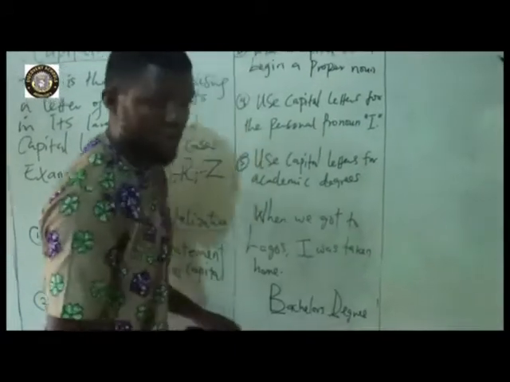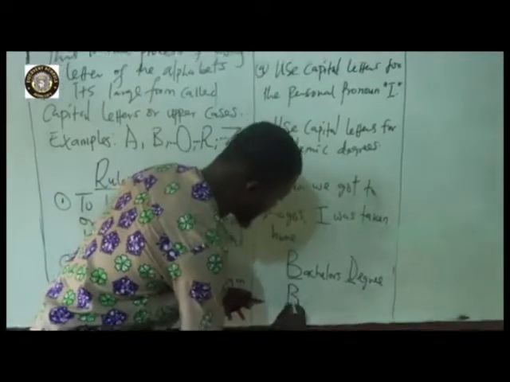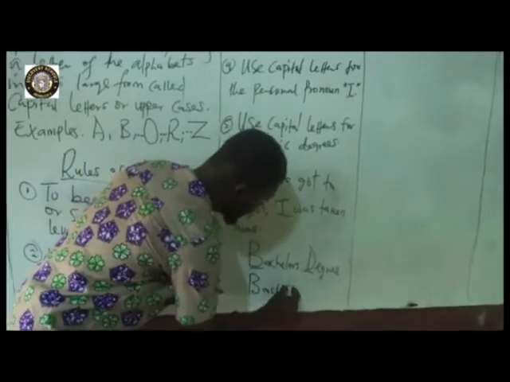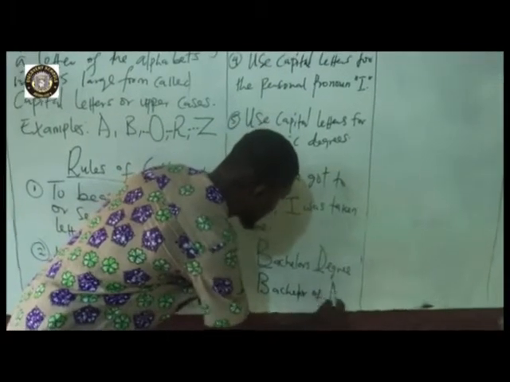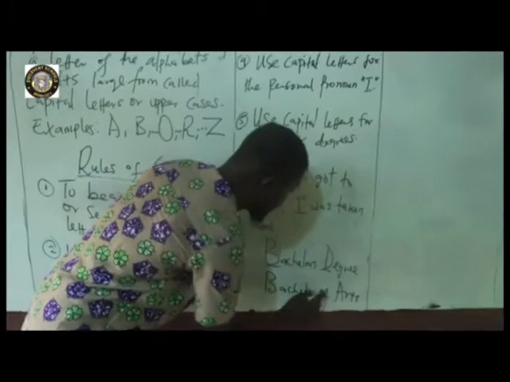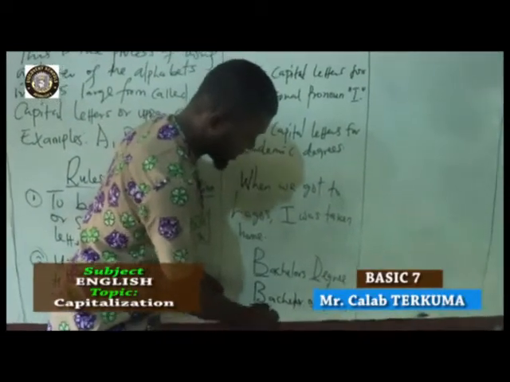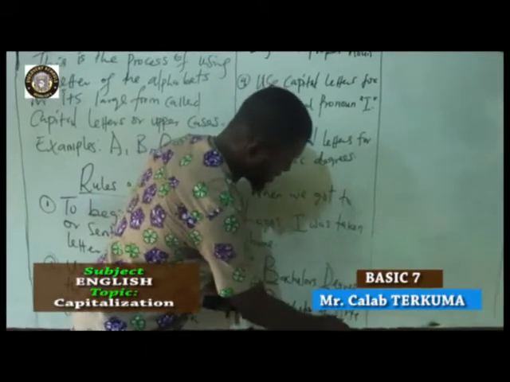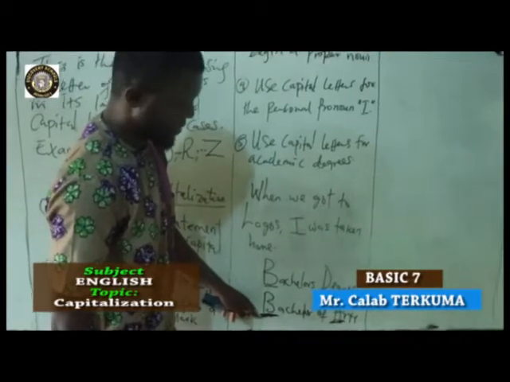Capital letters, wherever they are appearing. For example, you're talking about Bachelor of Arts. Bachelor of what? Of Arts. Can you see? Bachelor here sits in what? Capital letter. Arts here sits in what? Capital letter. Do you understand me?